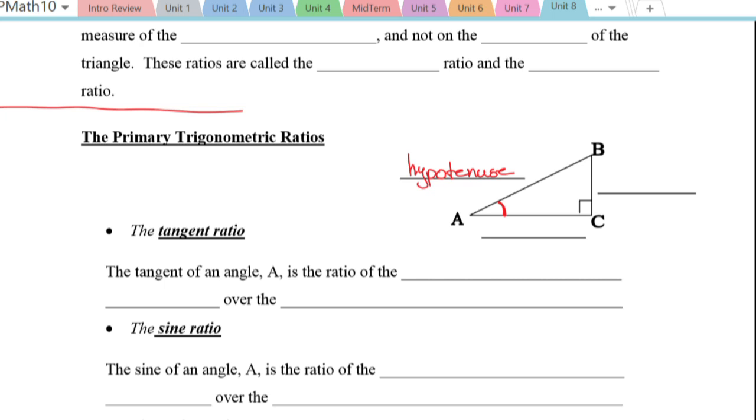This is the only place you can kind of get caught up when doing these problems. Remember, if we have our reference angle, we go straight across to the opposite side from the reference angle, and then the adjacent side is always going to form the angle we're dealing with. If we're dealing with angle A, it's always going to form the angle with the hypotenuse. So we have our adjacent side down there at the bottom.